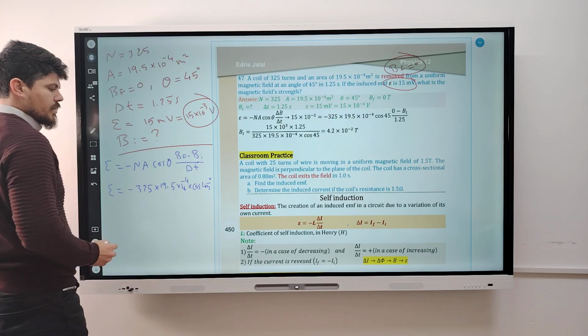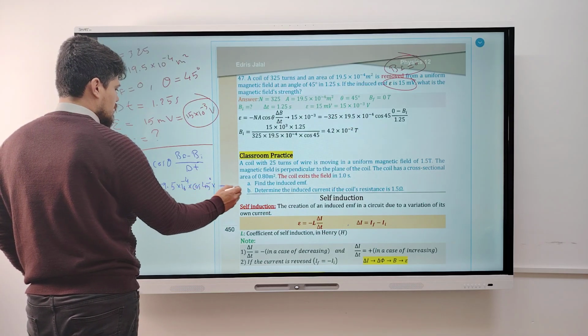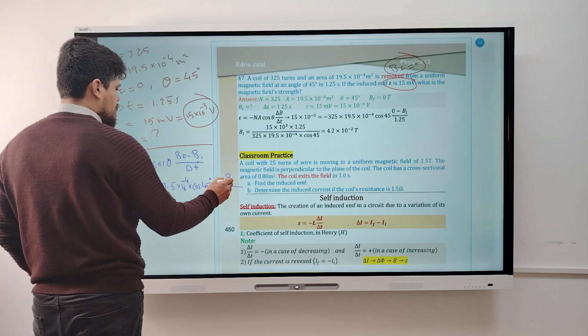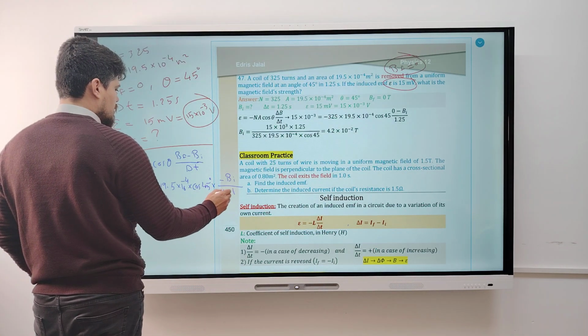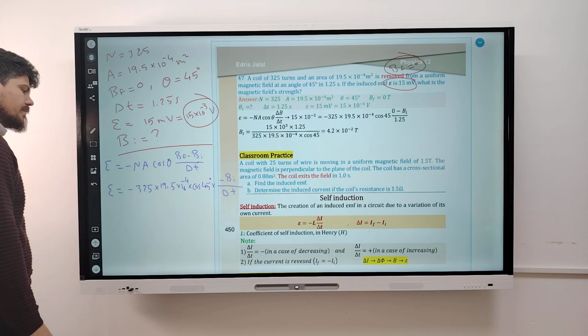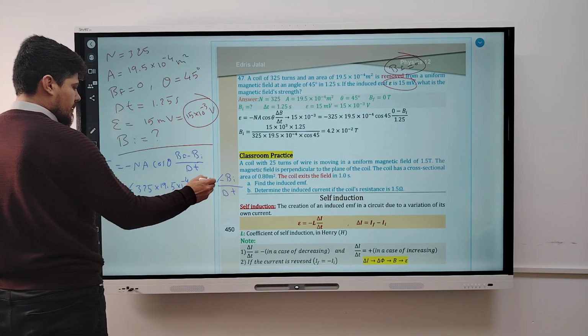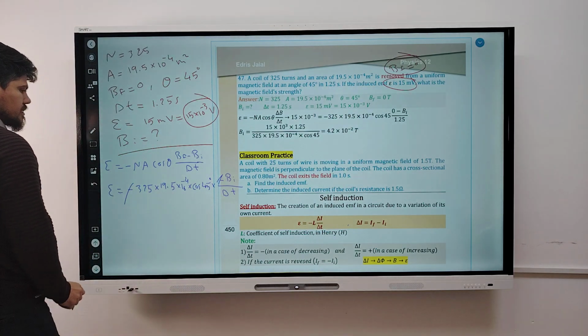The angle is not 0 here, it's 45, times B final 0. What remains? Negative B initial over delta T. Okay, so the negative with negative cancel.